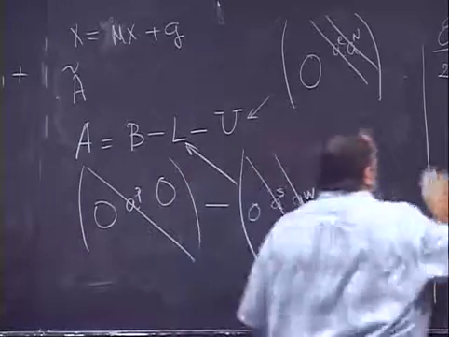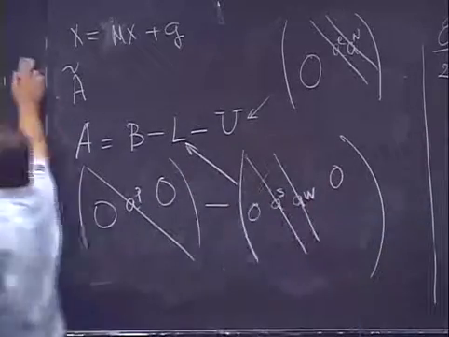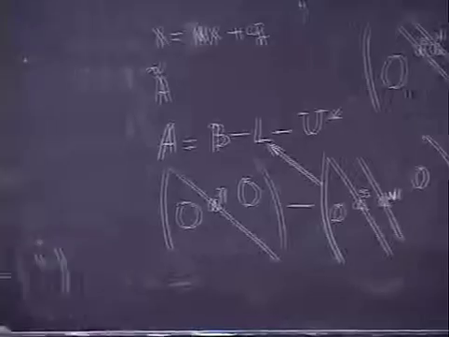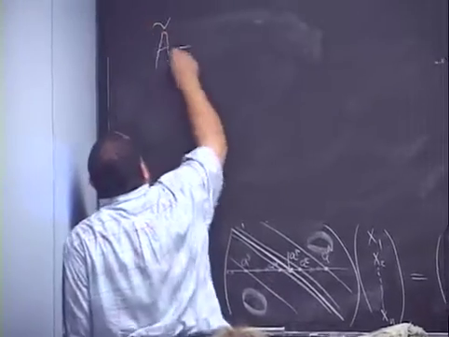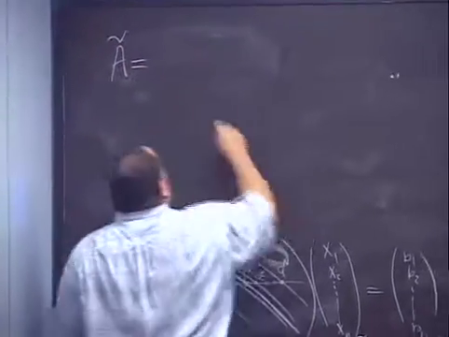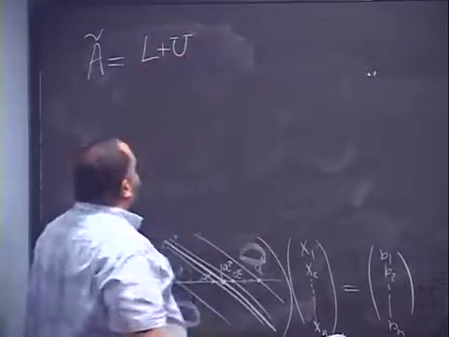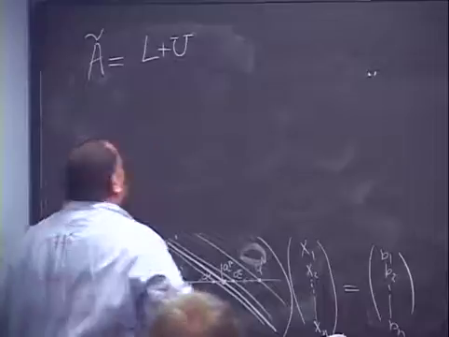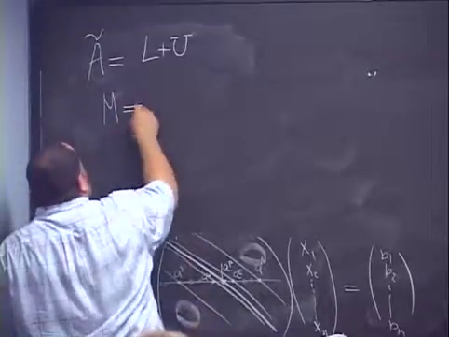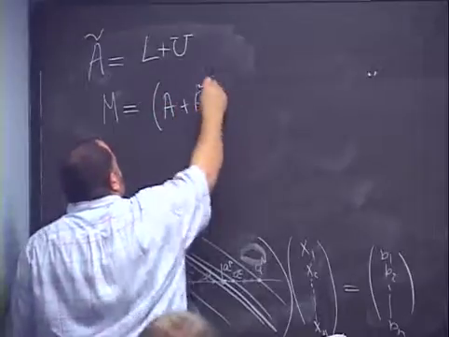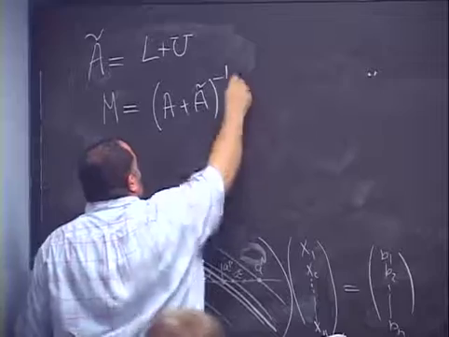Then when you do this, you can now take A wiggle or A tilde to be L plus U. So if you take A tilde to be L plus U, what is the matrix M defined as? A plus A wiggle to the power of minus 1 multiplied by A tilde.